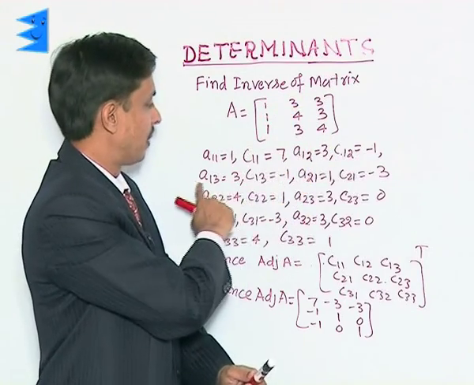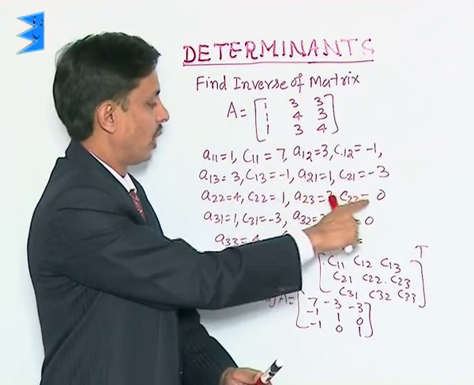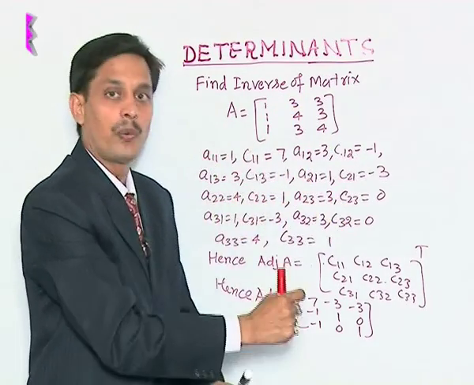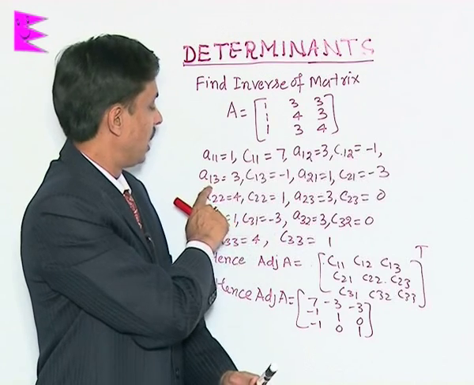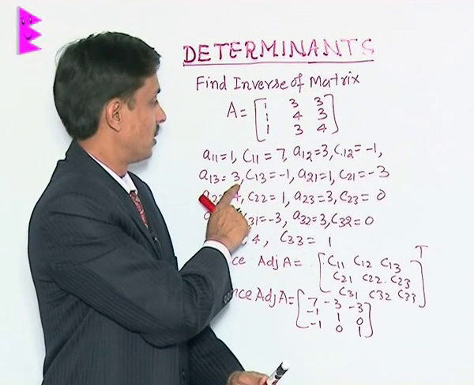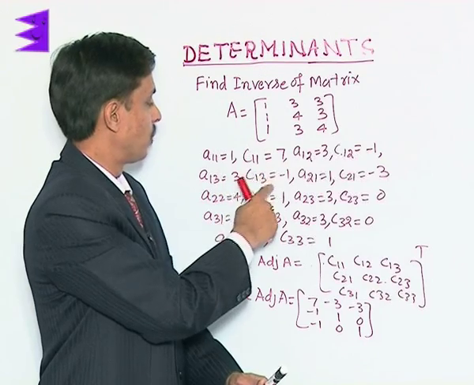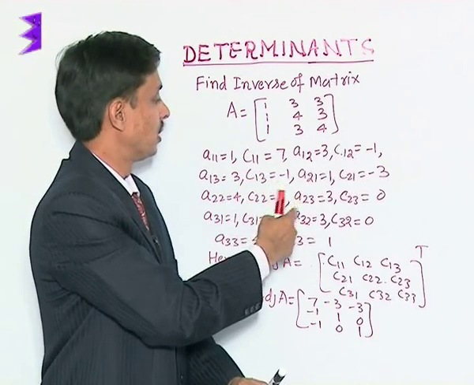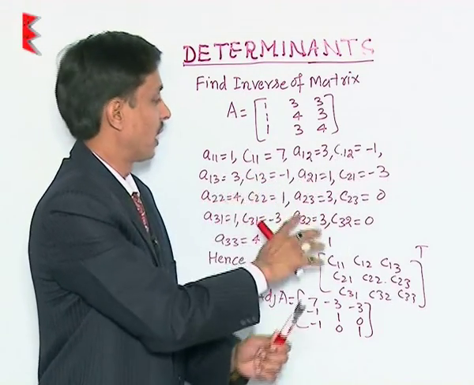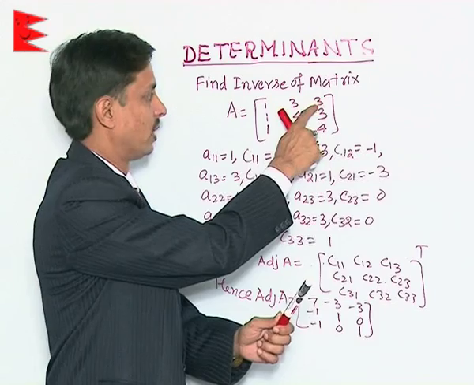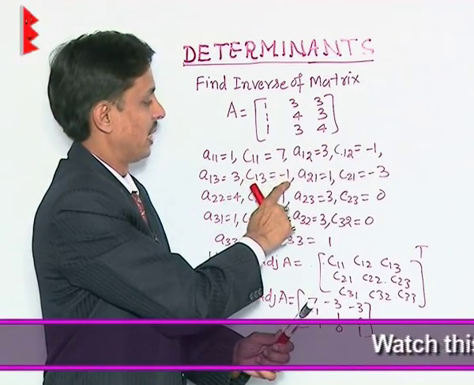In the same way, you need to calculate all the cofactors for each element. A13 is 3, and its cofactor is minus 1.